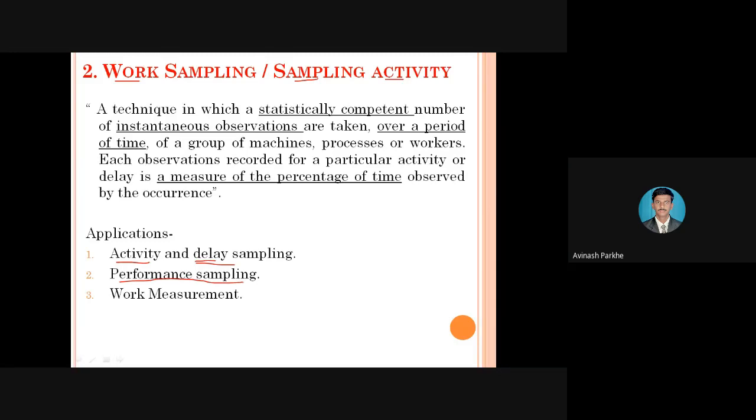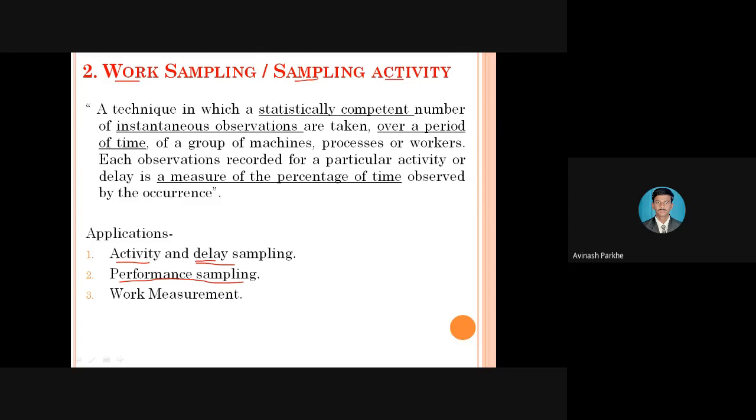When a supervisor visits the production department, he observes that this is machine number 1, this is operator number 1, and he has started his job at 8 a.m. Once the same supervisor visits the same production department again and observes that operator number 1 is continuously working on machine number 1, he can say that the performance of that machine and that operator is very good, or excellent.